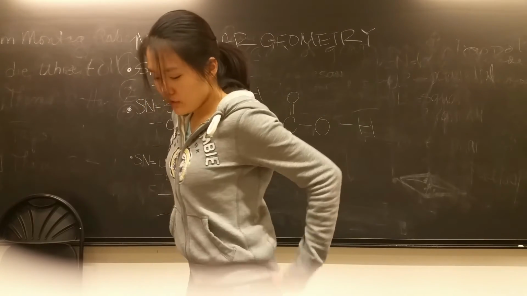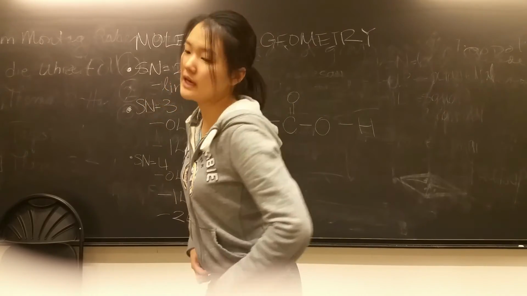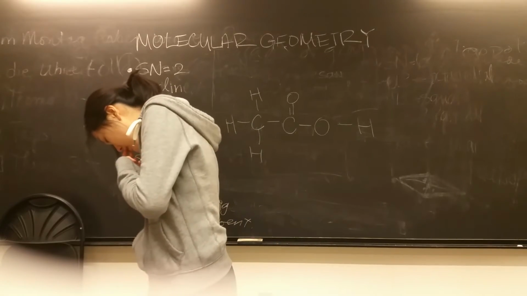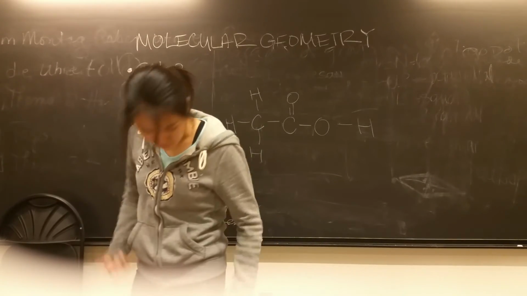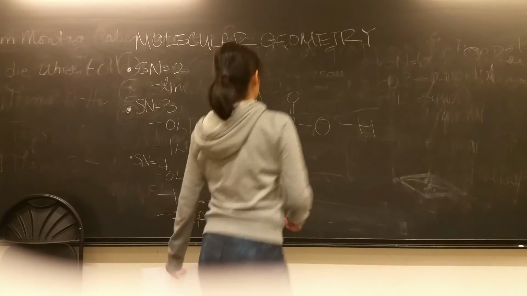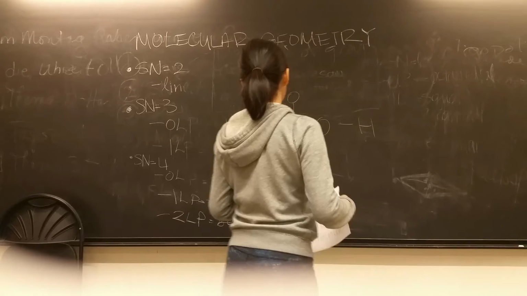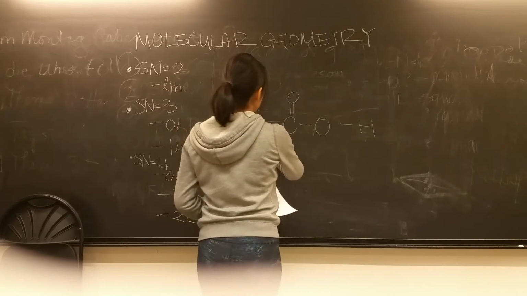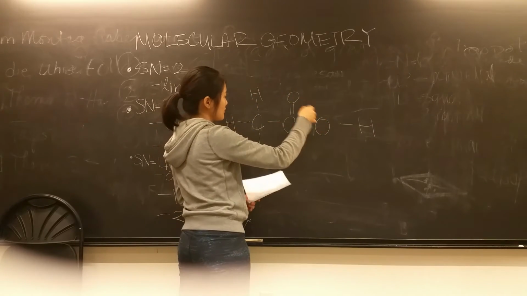So I guess I'll be looking at 3 different cases. From what I can tell, there are 3 different simple atoms here. And I think it's going to be this carbon, and this oxygen.